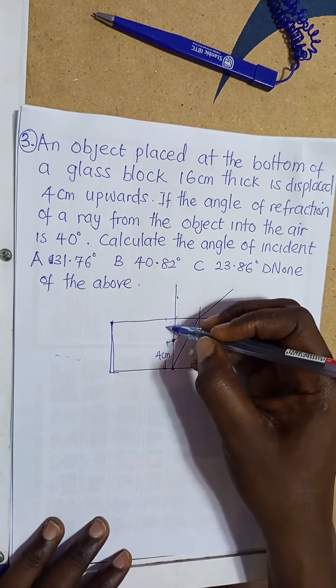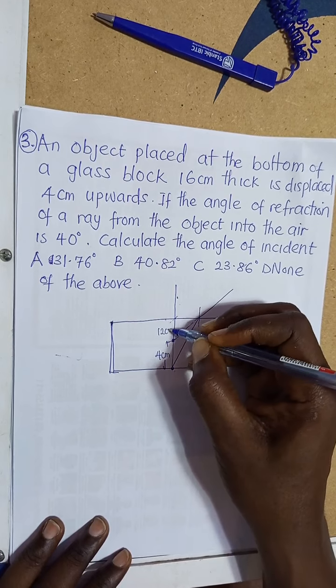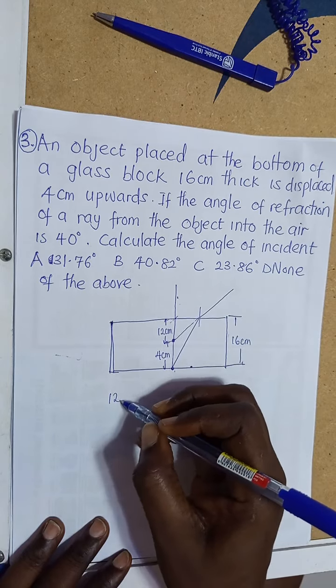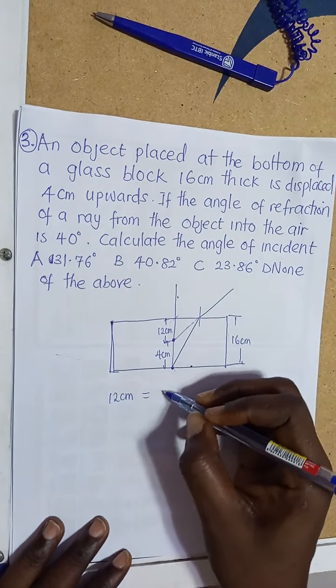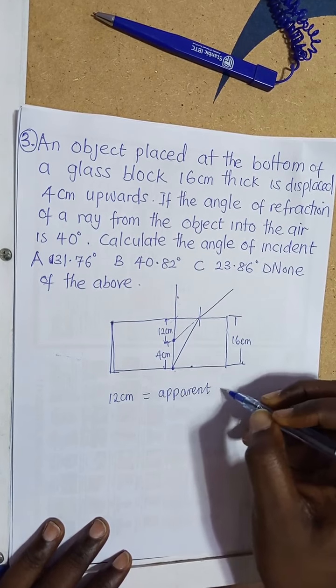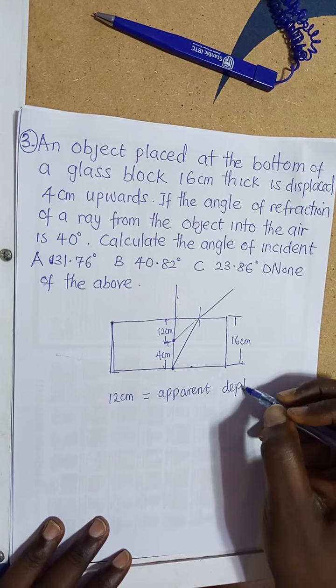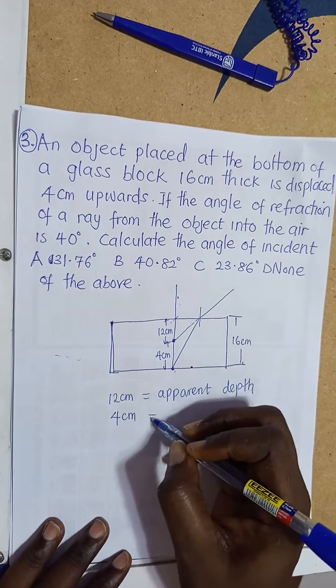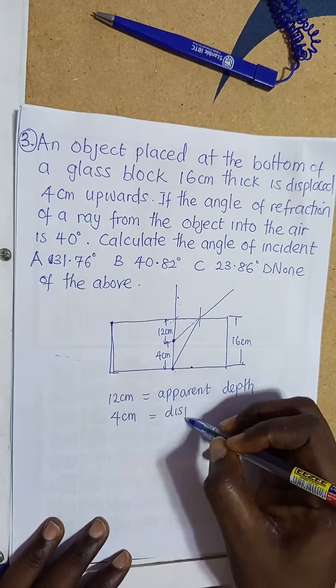So from here to this place is 12 centimeter. Don't forget, 12 centimeter is what we call the apparent depth, while 4 centimeter is the displacement.